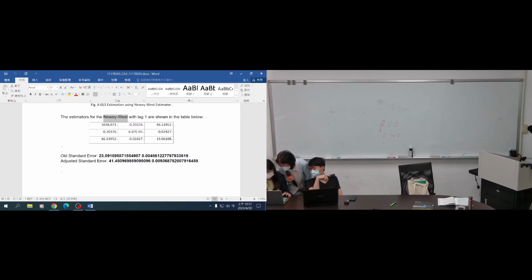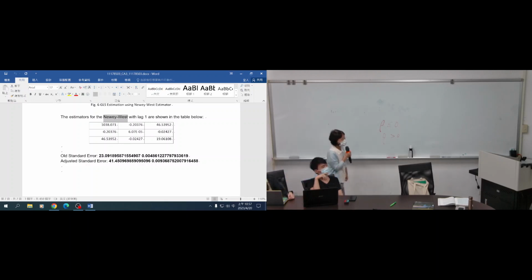So really different. You see the adjusted standard error on the below part is 41.45 something. Which one is 41? This one, the standard error. We have three standard errors.